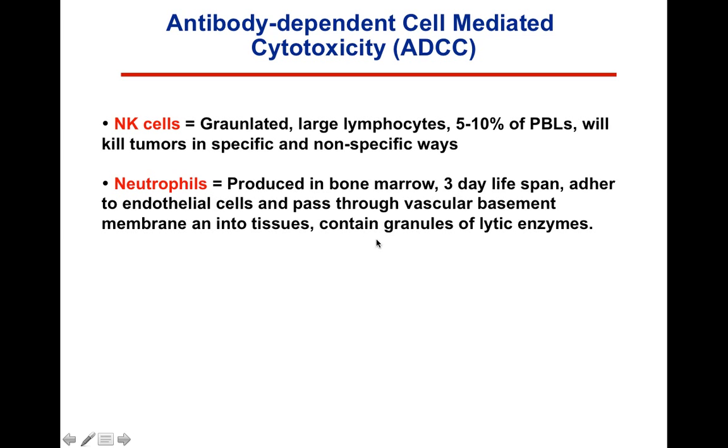Neutrophils are really important for their antibacterial effect, and they adhere to endothelial cells and pass through vascular membranes and into tissues. And so they're very good at going after microorganisms that are in the tissues and also in the blood, but usually in the tissues. They're one of the most important in terms of their antibacterial effects.